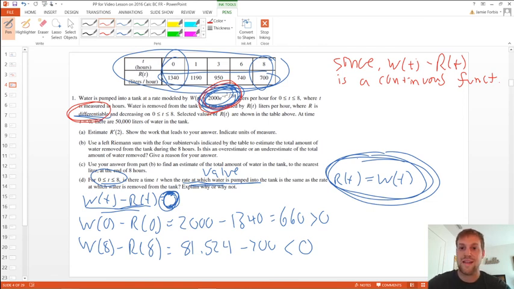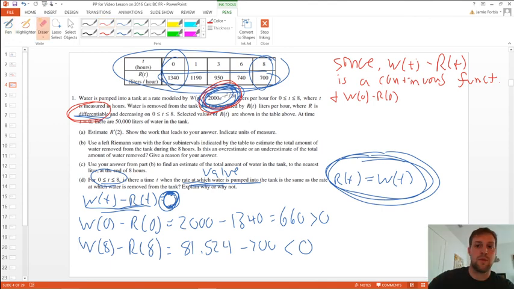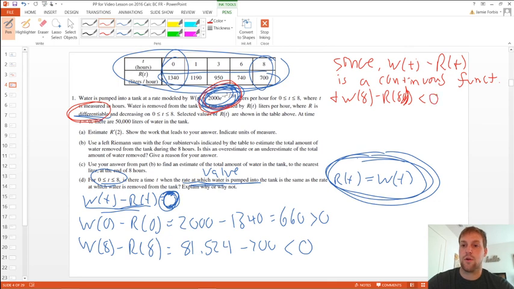So since it's continuous, and W of 0 minus R of 0, well, I should say that the other way around because W of 8 is the smaller function. So W of 8 minus R of 8 is less than 0, which is less than W of 0 minus R of 0.